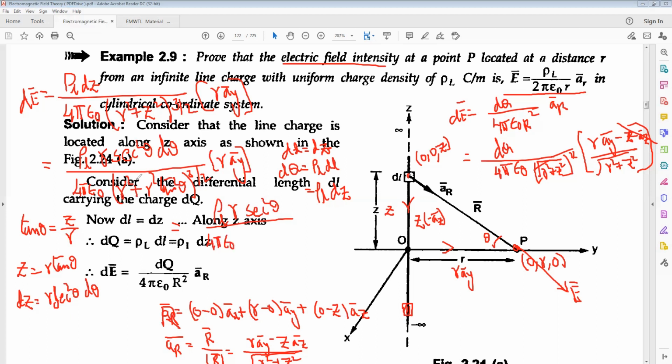R square whole power 3 by 2 is r cube, and 1 plus tan square theta is secant square theta. Secant square theta whole power 3 by 2 means secant cube theta, into r ay bar.